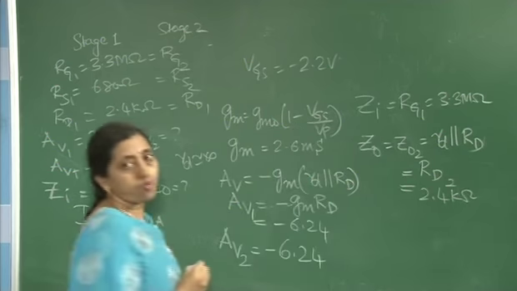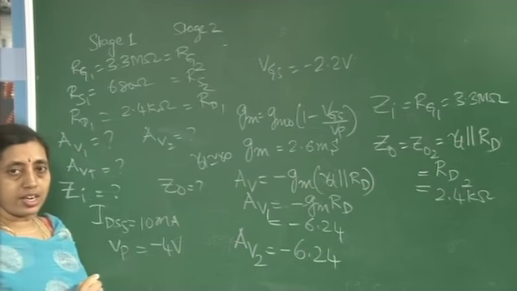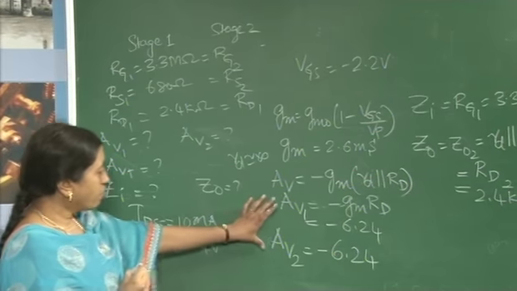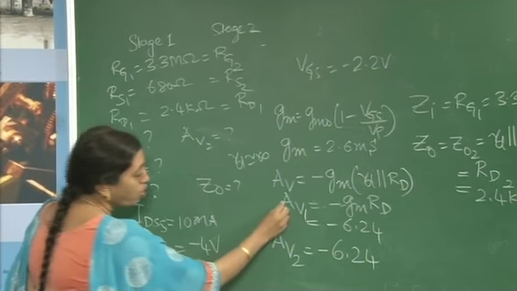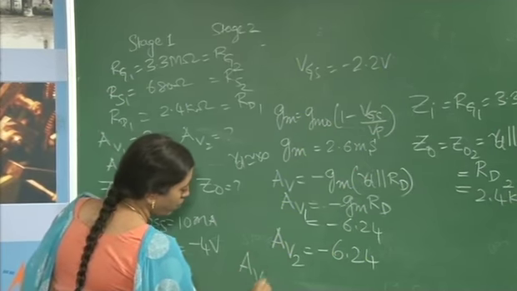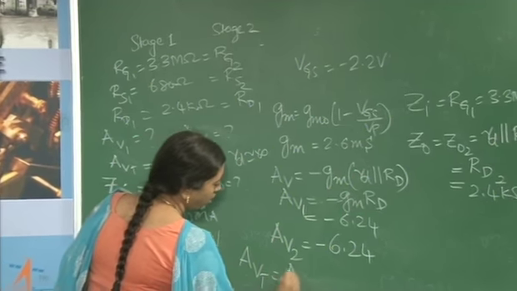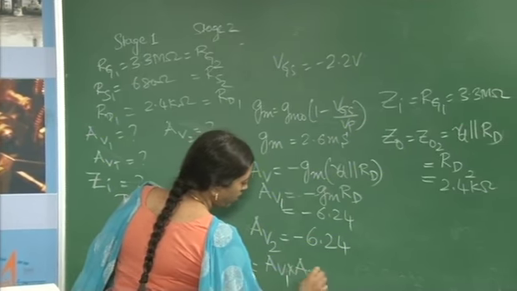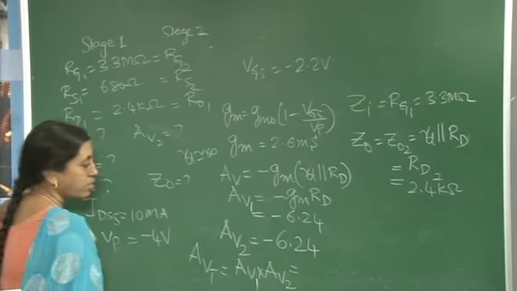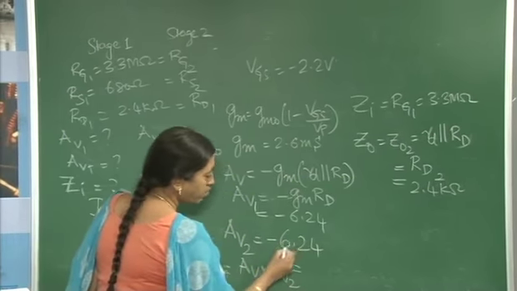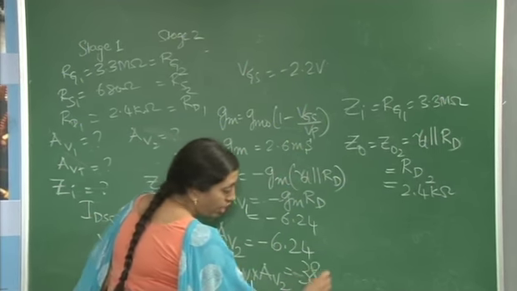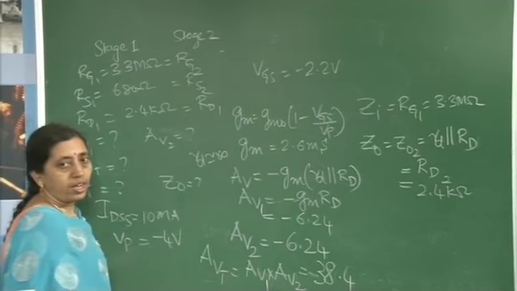So, the output impedance of the cascaded configuration is 2.4 kilo ohms. Since we have found AV1 and AV2, you can evaluate AVT. The overall voltage gain is the product of the two voltage gains. So, if you multiply 6.24 into 6.24, you will get 38.4.